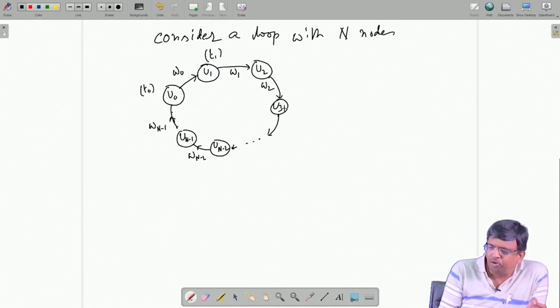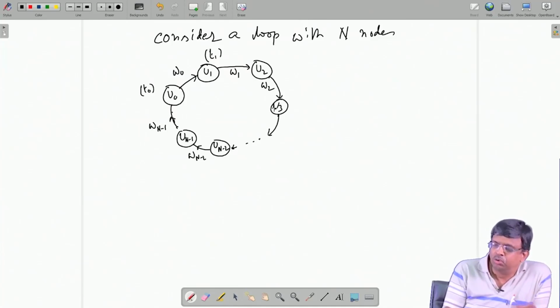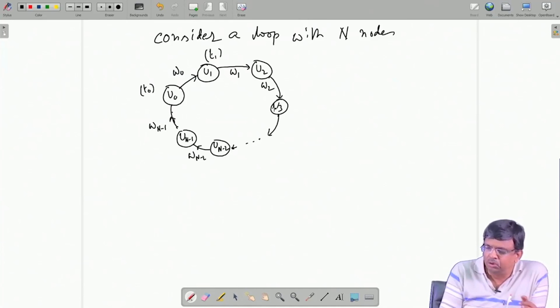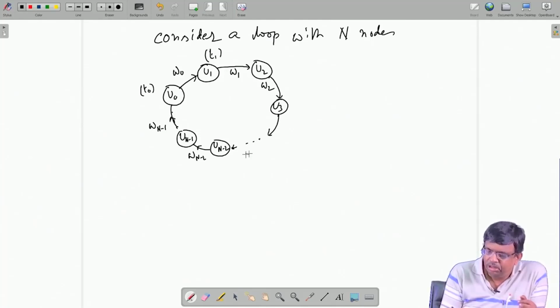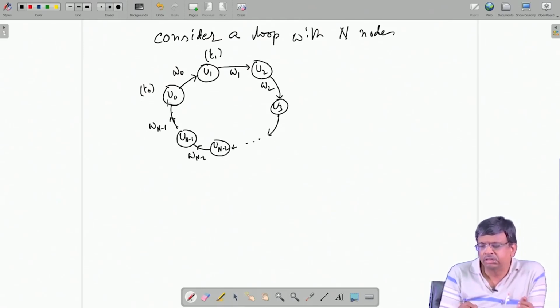So, amongst them they form a loop, though it does not mean that there are no other nodes in the DFG. There may be many other nodes around this, maybe U0 can be connected to some of them, some other may be connected to U1, U2 may be connected to some other ones, but when you consider U0 to U n minus 1, among them they form a loop, because you start from U0 and go back, come here, then you finally arrive at the same U0 again. Okay, it is a loop.